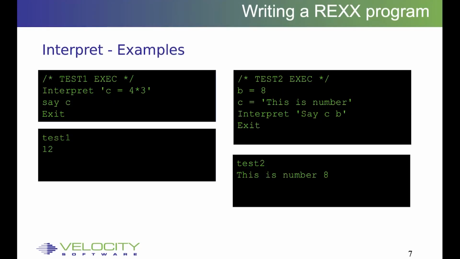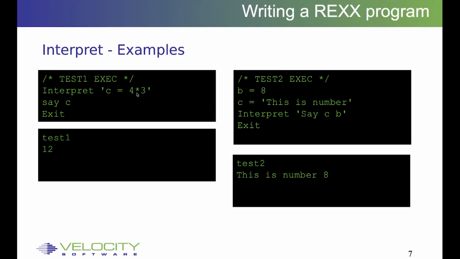as an expression. So here's an example. I have this test one exec, and I'm going to interpret this literal value here. So this is itself a REXX instruction.